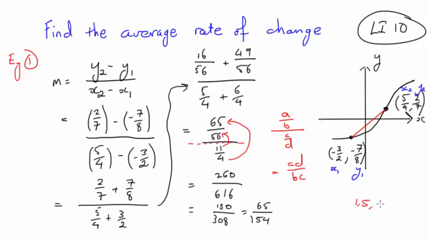I think that's 13. Alright, well, does 13 go into 154? No, it doesn't. 13 doesn't go into 154. Let's see, 13 goes into 15 once. Nope. So I'm going to claim that that's the answer, and that's the most simplified form.